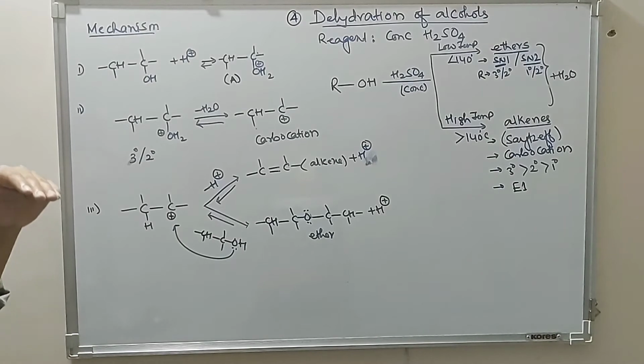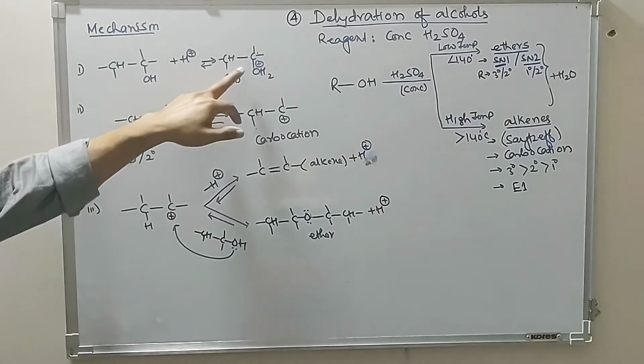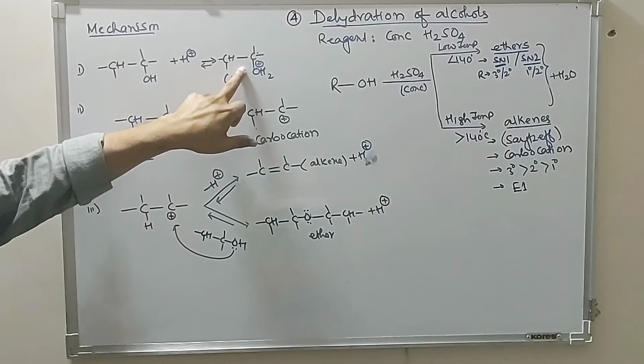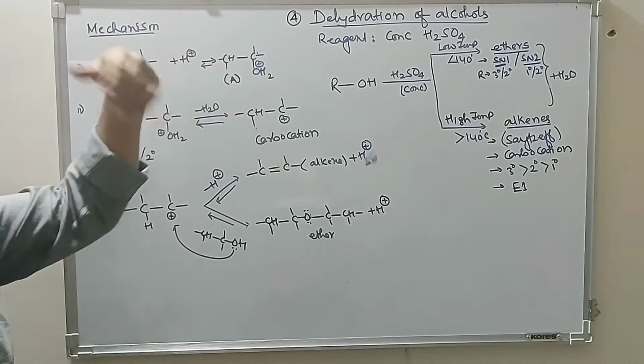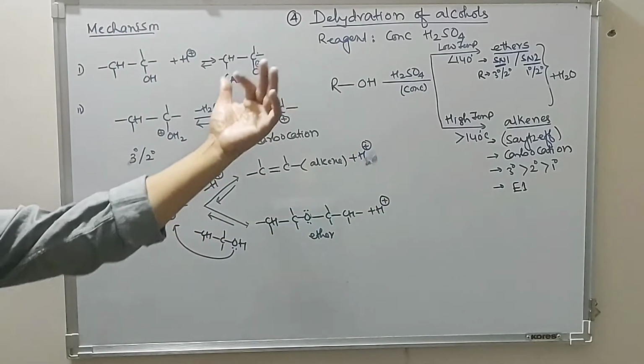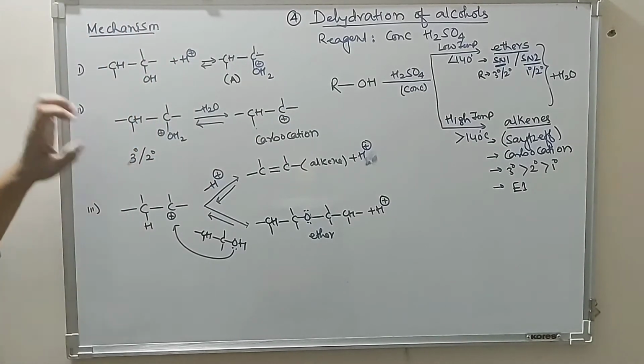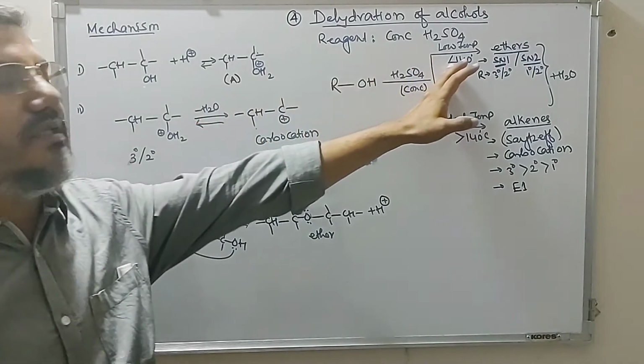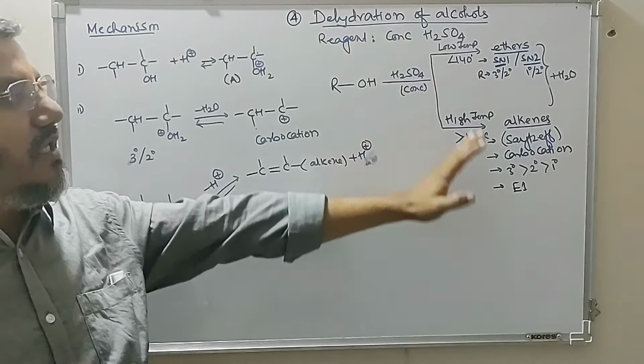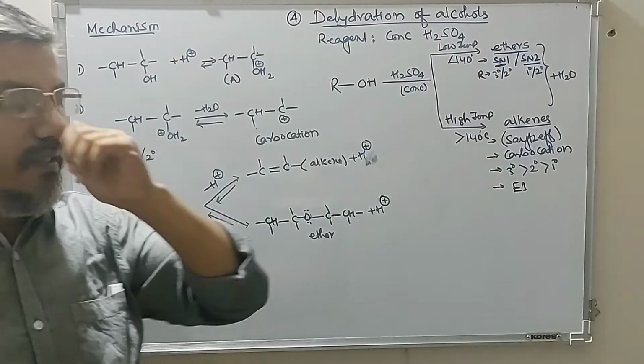But if the alkyl is primary, then this will give you protonated alcohol, and this protonated alcohol will react with another alcohol to give you ether. So this is the mechanism of dehydration of alcohol. We have to be very specific about this temperature. So high temperature alkene, low temperature ether.